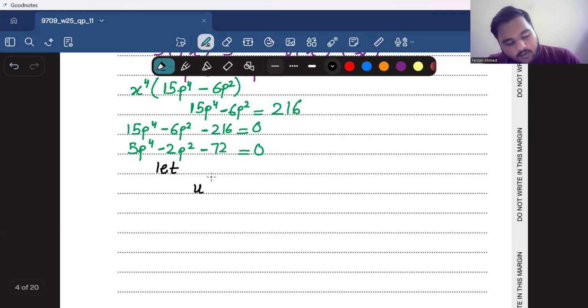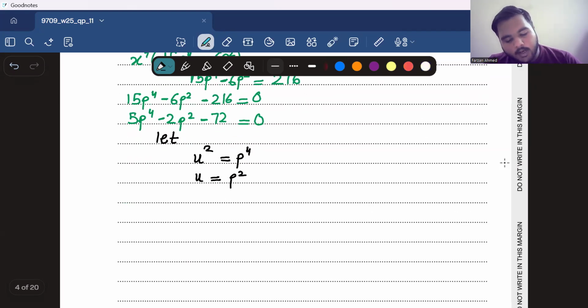Now in place of p raised to power 4, we will write u squared. In place of p squared, we will write u. So 5u squared minus 2u minus 72 equals 0.